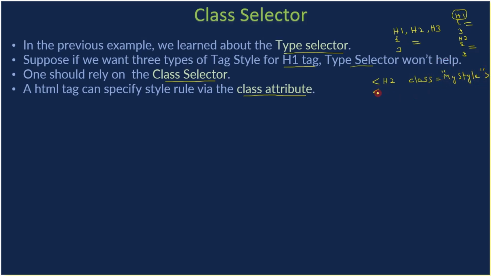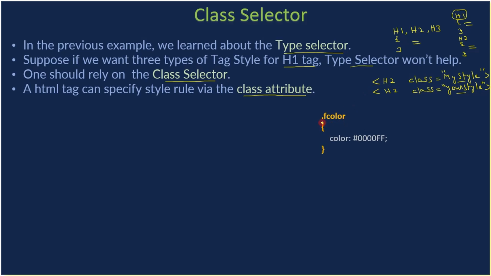And for the other h2 itself, you can specify a different class. See, the class here is my style and the second h2 tag uses your style. That means we can define two different styles and apply them to the same tag or same tag type.